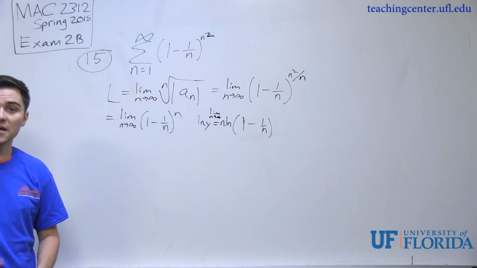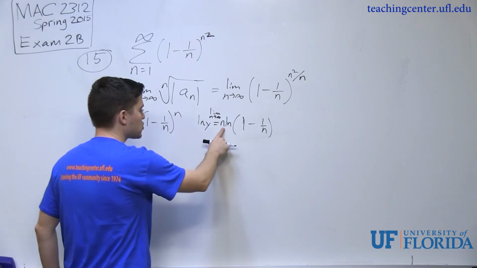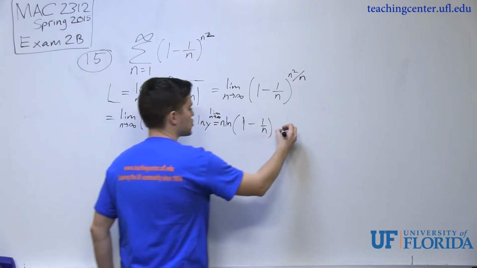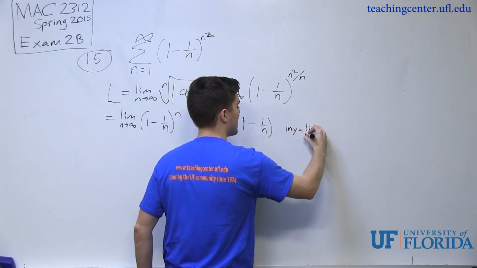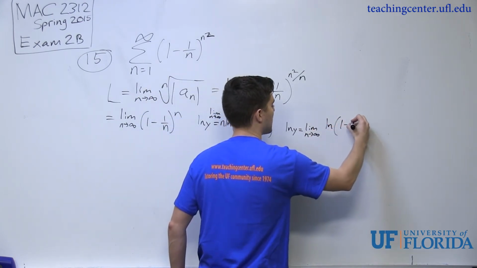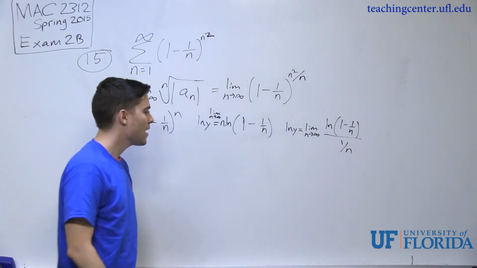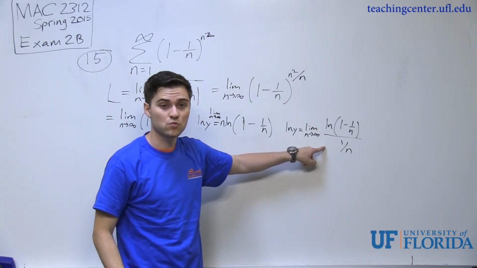But first off, we have to get it into a form where we can apply L'Hopital's rule. So I'm going to bring this n down as a 1 over n power. So I end up getting ln y is equal to the limit as n approaches infinity of the natural log of 1 minus 1 over n, all over 1 over n. Now it's in a fractional form and it was indeterminate, so we can apply L'Hopital's rule to it.